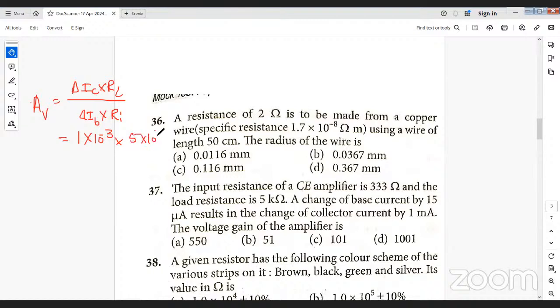Therefore, it is 5 into 10 raised to 3 divided by the IB value, which is 15 into 10 raised to minus 6, into the RI value, which is 333. So simplify, your answer is 1001. Option D is the answer. Yes. Check. D you will get.